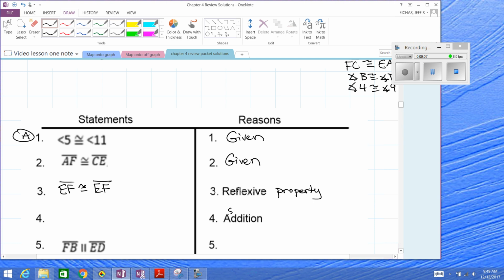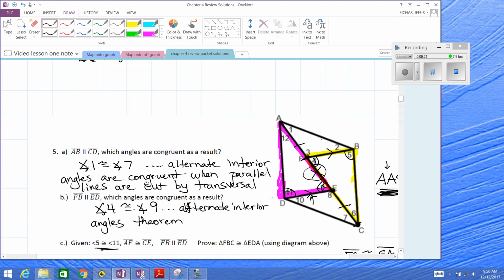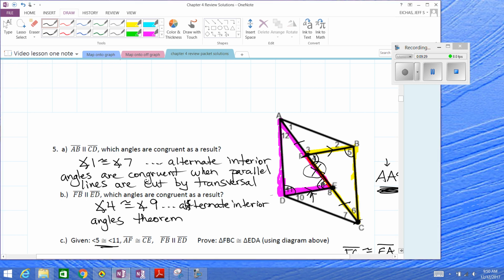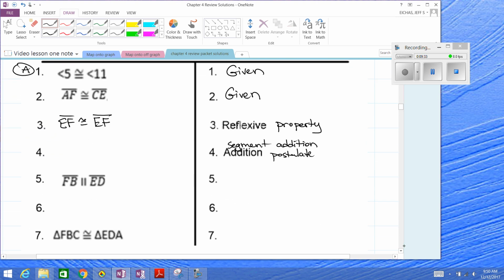Now we got to do segment addition postulate. Okay, segment addition postulate. We haven't done that this year in my class too much, so I'm going to be pretty relaxed on that. Basically what we're going to say is C to E plus E to F, okay, is C to F. There's going to be a couple steps here.